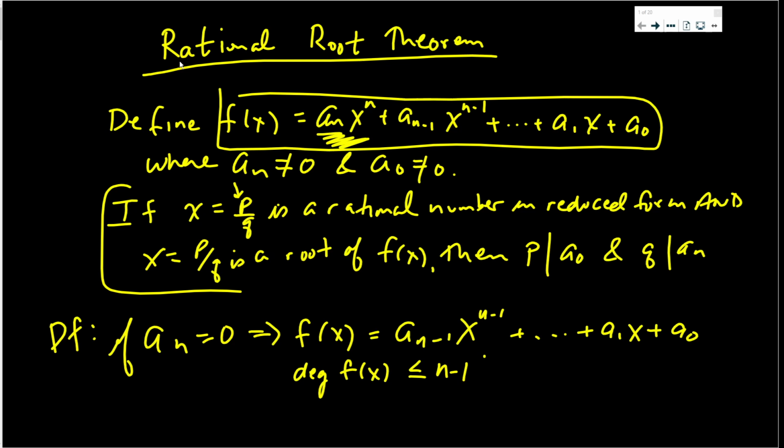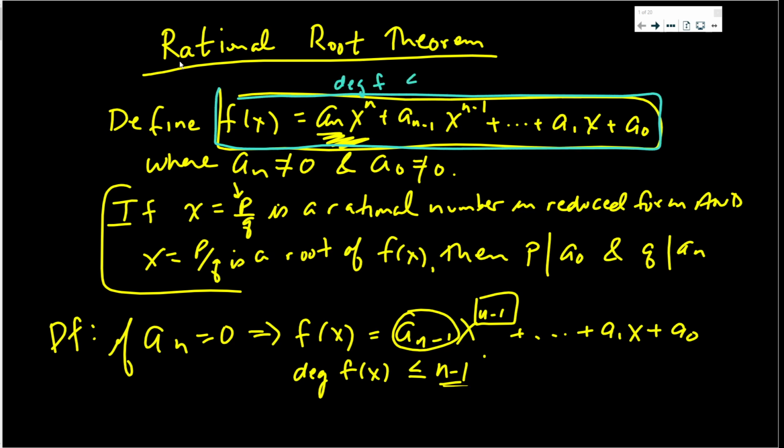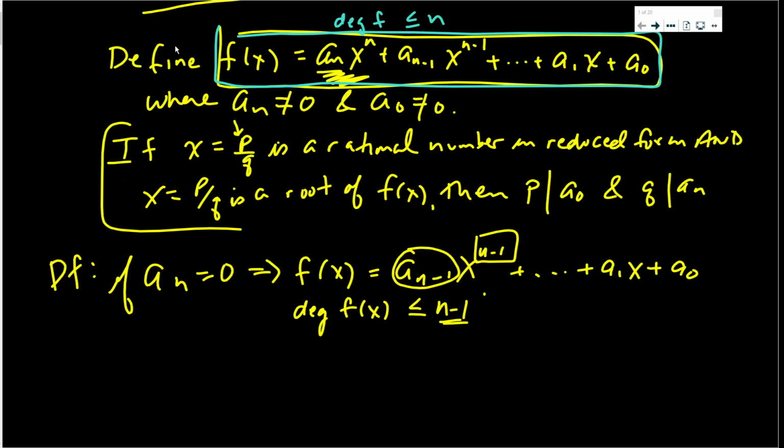If this coefficient is non-zero, then it'll be a polynomial of degree n minus 1. We don't want to know that the degree of f is only less than or equal to n. No, we want to know exactly what it is.